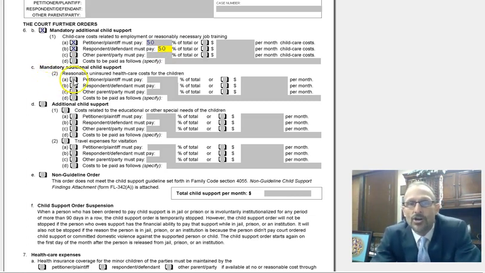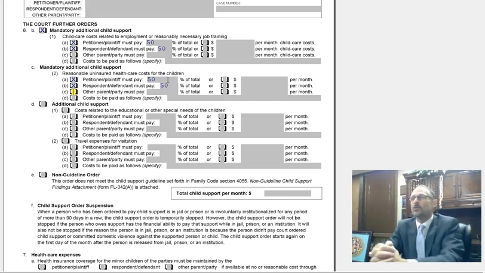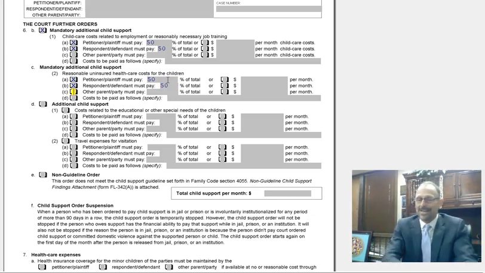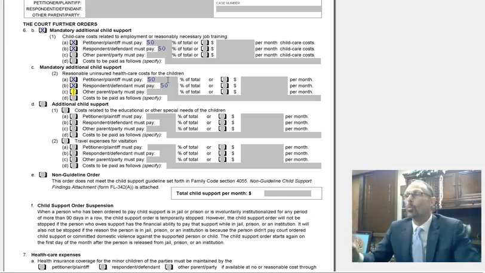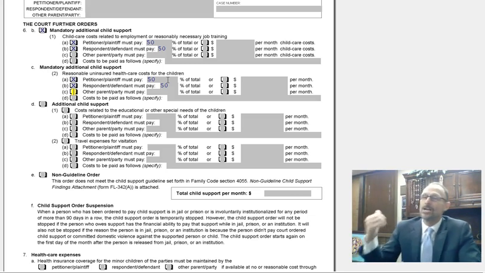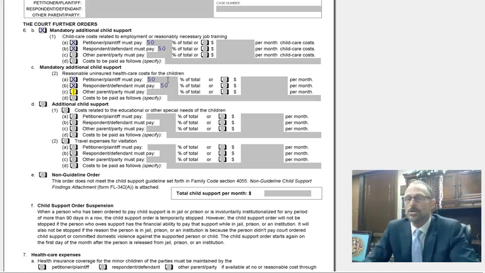Reasonable uninsured medical costs. Almost invariably, this is split the same way. 50% to the petitioner, 50% to the respondent. It's very rare that one parent has to cover all uninsured medical costs. What are uninsured medical costs? Copays, medications, over-the-counter drugs, whatever it might be.